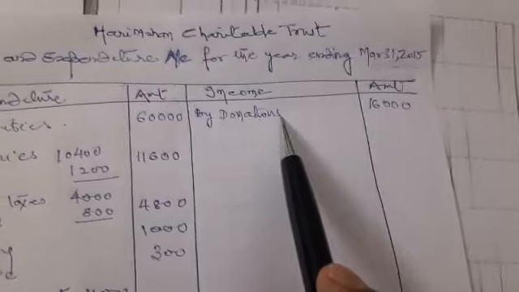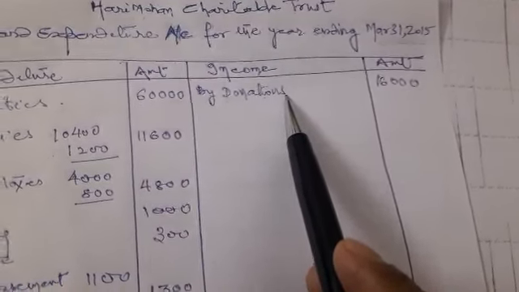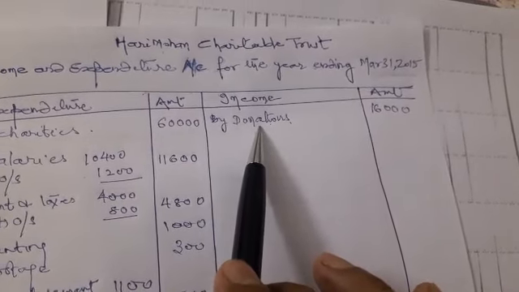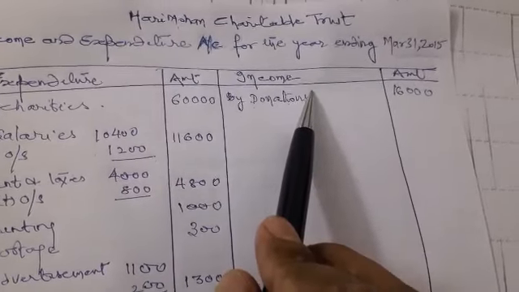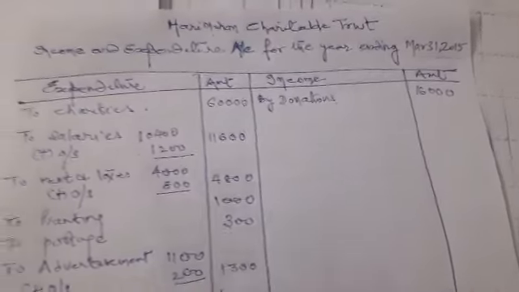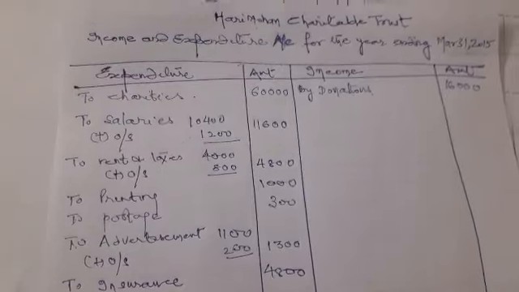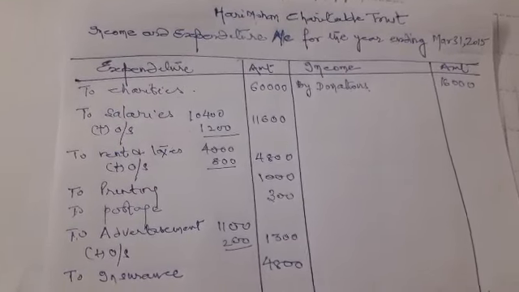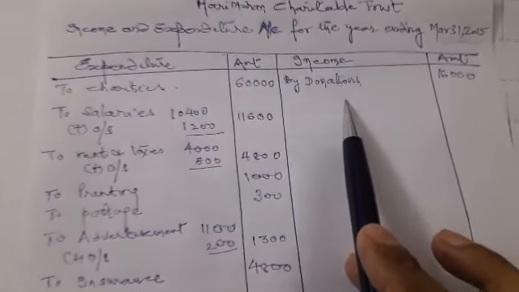That means this donation is for general purpose, therefore it is included in the income and expenditure account. But if the donations are given for any specific purpose, then it is not included in the income and expenditure account, but it is transferred to the balance sheet. Donations for specific purpose are transferred to the balance sheet. General donations, as given in this question, are transferred to the income and expenditure account.